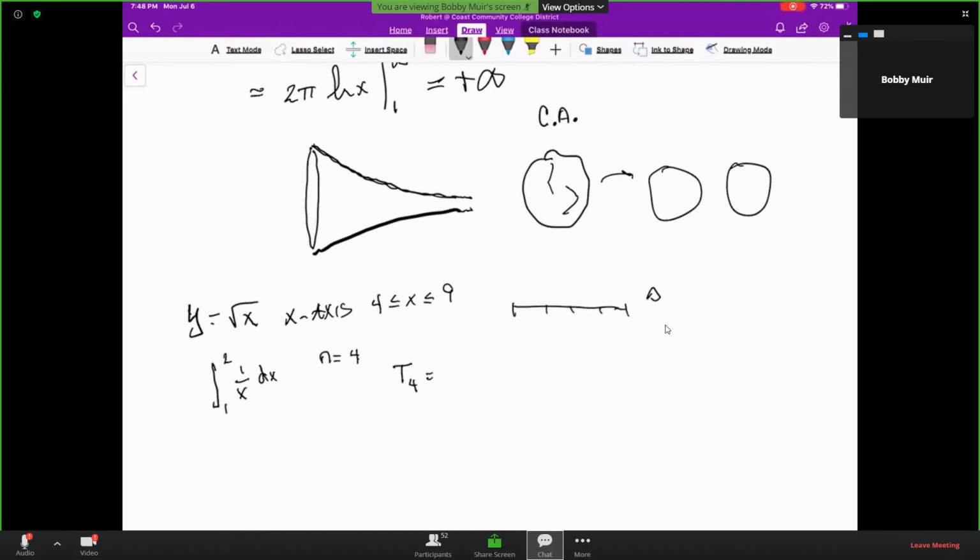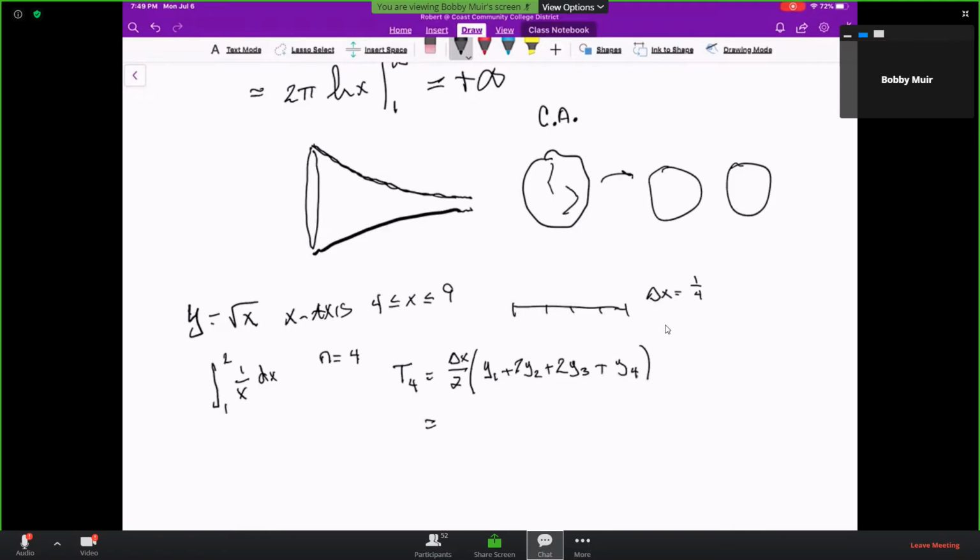The delta x is going to be 1/4. Trapezoid rule is delta x over 2, and then it's y1 plus 2y2 plus 2y3 plus y4.